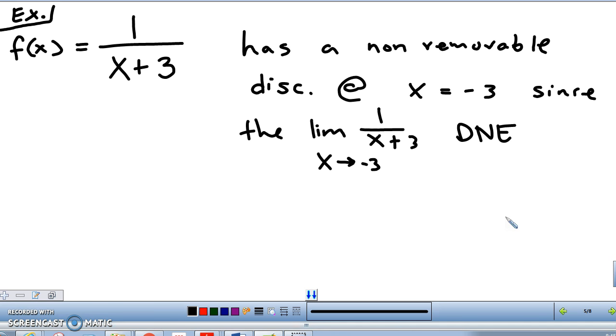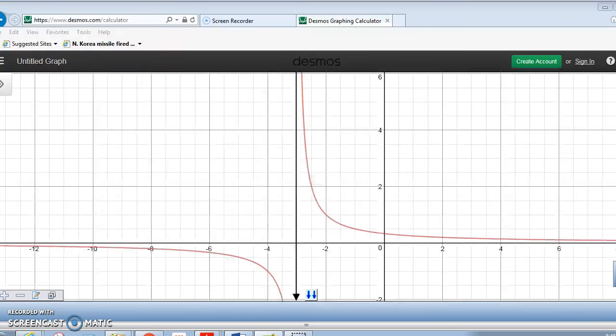Okay, so I showed you a few examples of removable discontinuities, and here's one of non-removable. So 2 of removable, 1 that's non-removable.